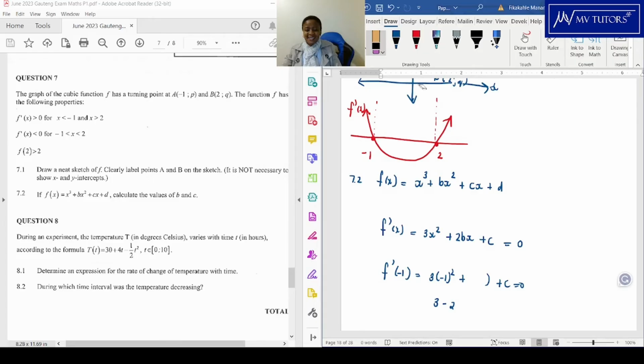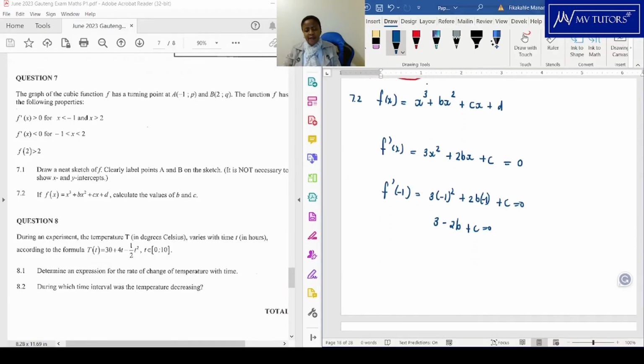Oh gosh. Okay. So we have 2b times -1. Okay, so we have -2b plus c is equal to 0. And our equation, if I write it, let me say 3 is equal to 2b minus c. So that's our first equation.